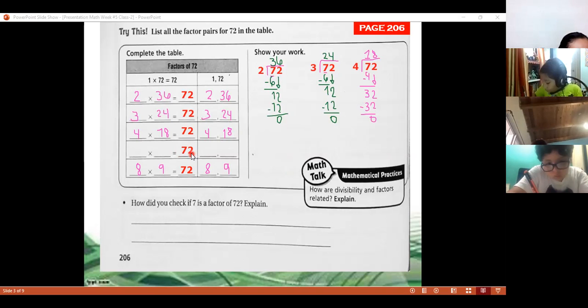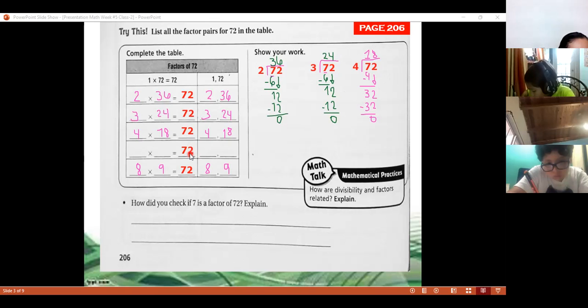I'm going to read it for you. A number is divisible by 5 if the last digit is 0 or 5. What is the last digit of 72? 2. It's not 0, it's not 5, so we cannot use number 5.